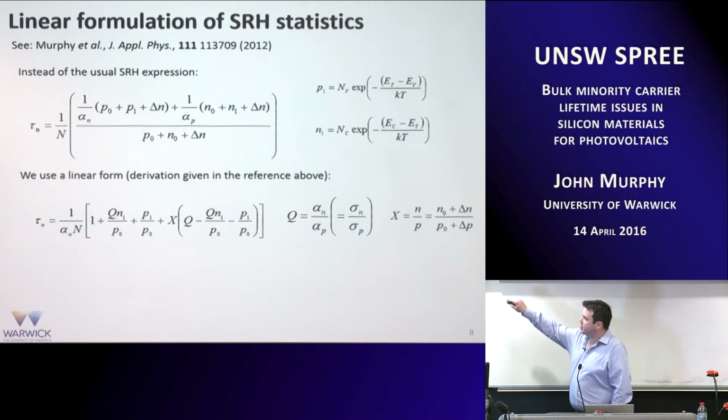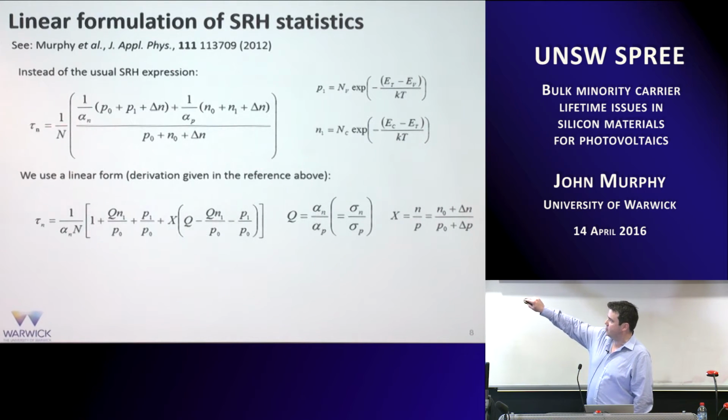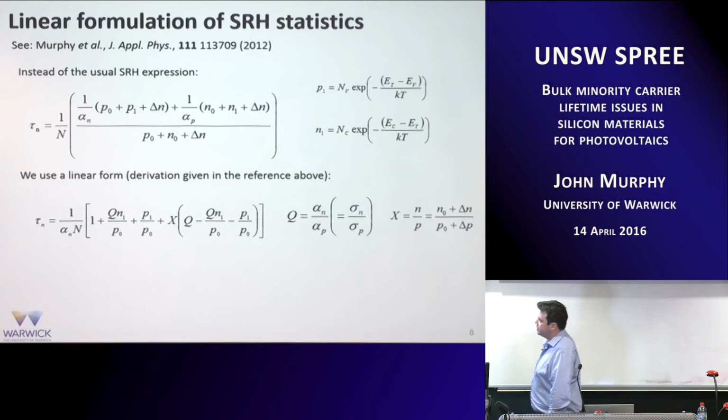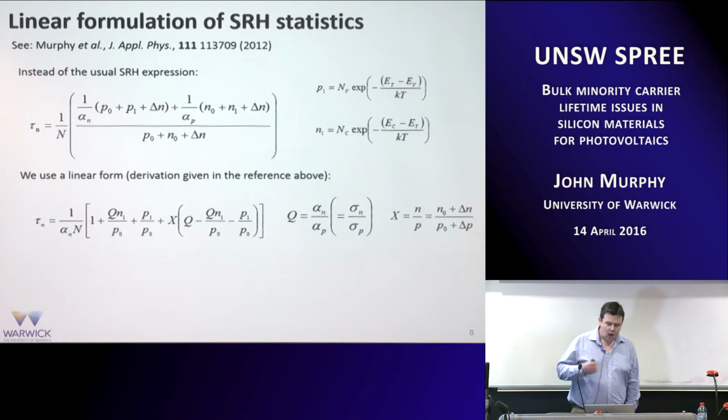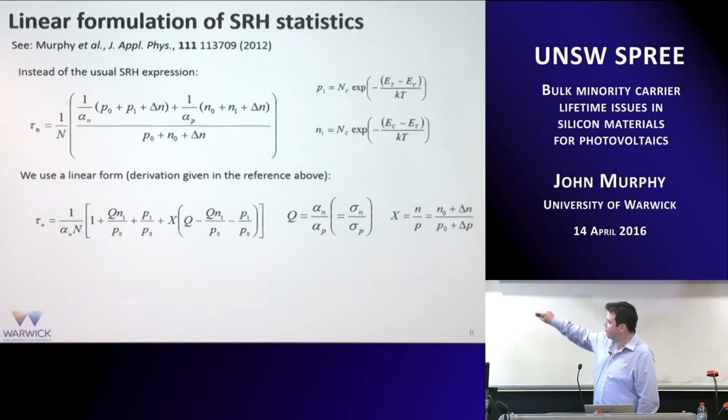But rather than using the Shockley-Read-Hall expression, the standard expression, where you have delta n there, there, and there, you can write, and we show this in the paper, the lifetime in terms of two terms: this pre-term here and this second term, which depends on the injection.